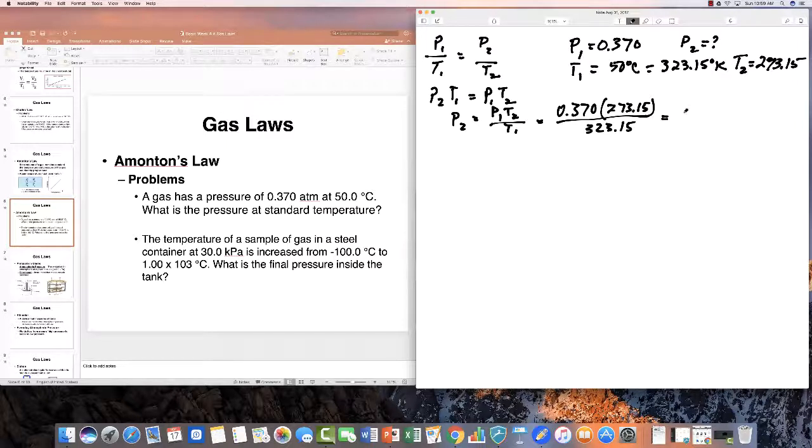Okay, the answer on the calculator is 0.3127510. There's a 0 in here, so that's three significant figures. So the answer should be to three significant figures, so it's 0.3 atmospheres.